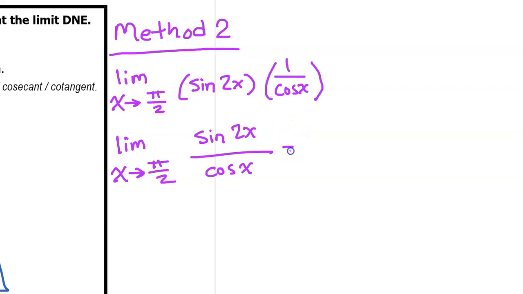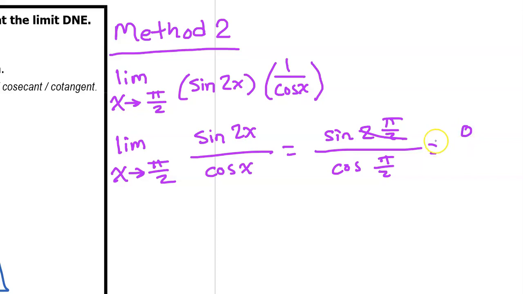So in the numerator, we will have sine of 2 pi over 2. And in the denominator, we have cosine of pi over 2. Well, these twos will cancel out. So this is sine of pi, which is 0. And cosine of pi over 2 is also 0, indeterminate.